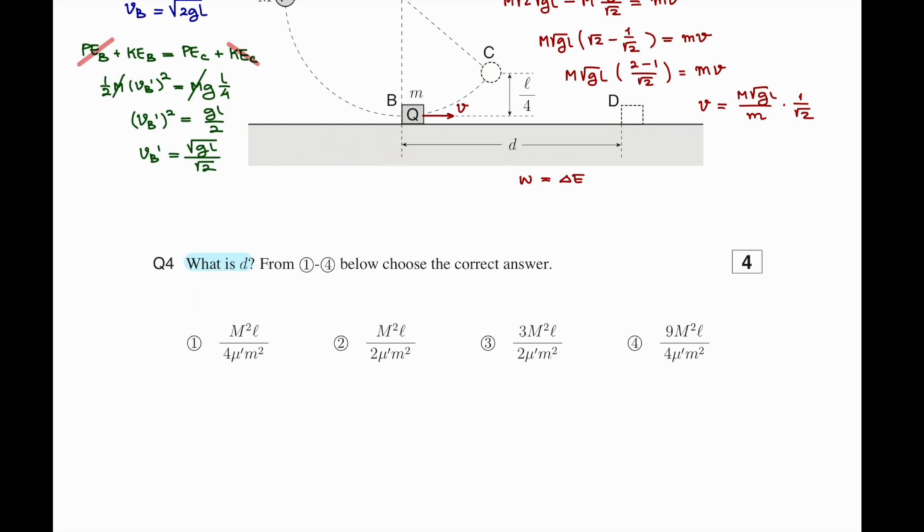Of course, there is no change in potential energy because object Q moves horizontally. There is no change in height. So the change in energy here refers to the change of kinetic energy, and the work done here refers to work done due to frictional force.